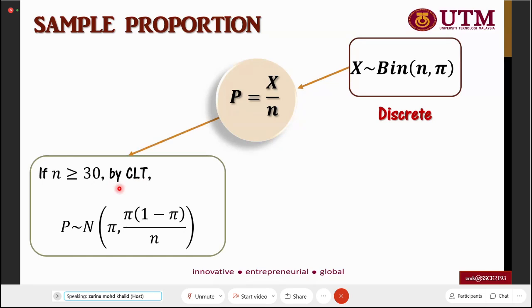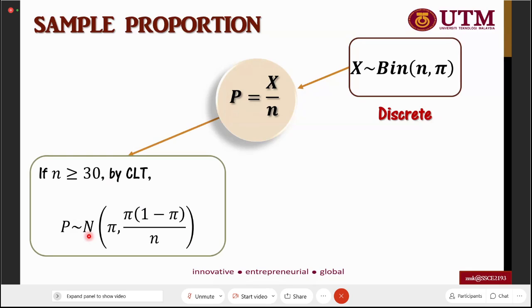So P will be approximately normal. When it is normal, then what is the mean? The mean for P is actually the mean for x over n. So imagine the mean for x is n pi, divided by n. So n is gone, and you are left with pi. So the mean for P is pi.